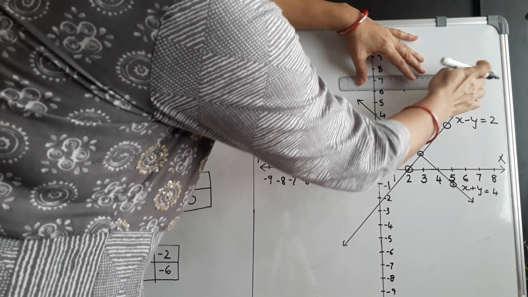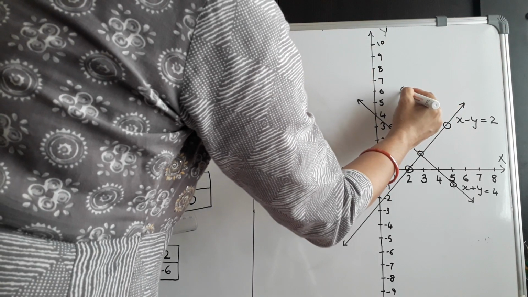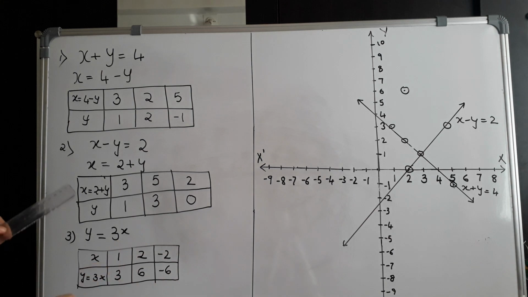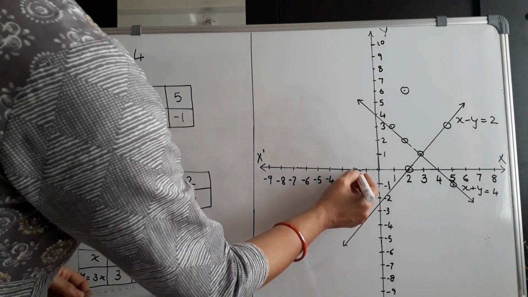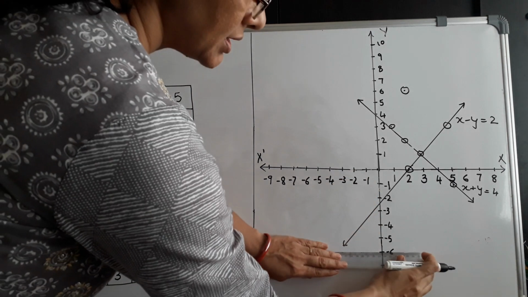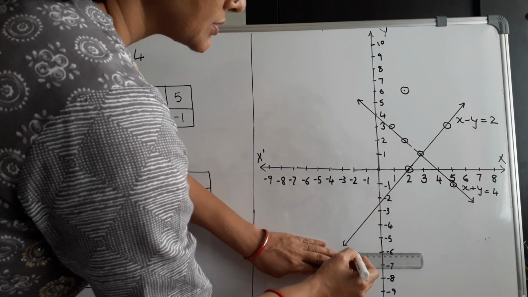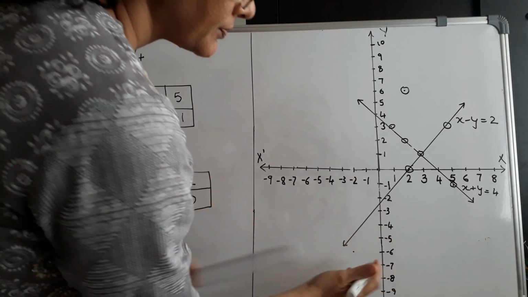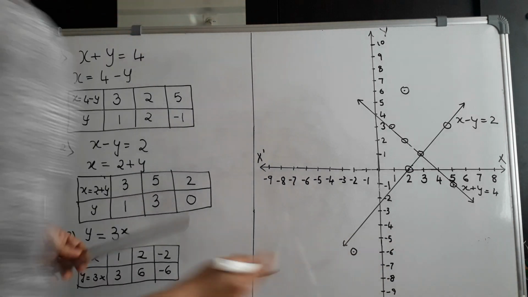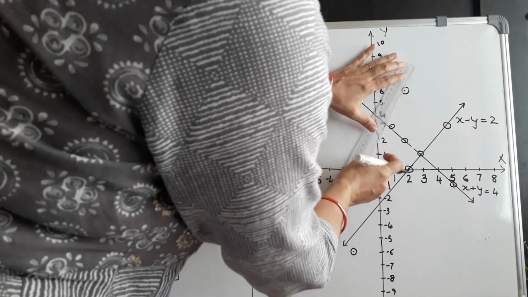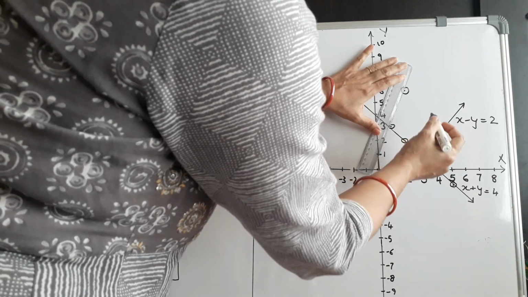Here. And next is minus 2 and minus 6. This is minus 2. We keep here minus 6. Straight here. Now, let's join these points.